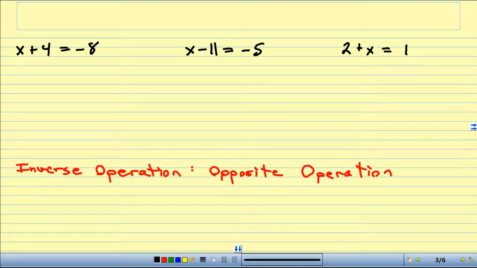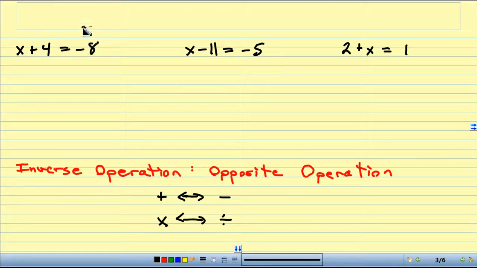So, for instance, if I have addition, the inverse operation of addition is subtraction. If I have multiplication, the inverse operation of multiplication is division. And it also goes back. So subtraction, the inverse operation is addition. If I have division, the inverse operation is multiplication. So it goes backwards and forwards. And that is what we are going to do to solve these linear equations.